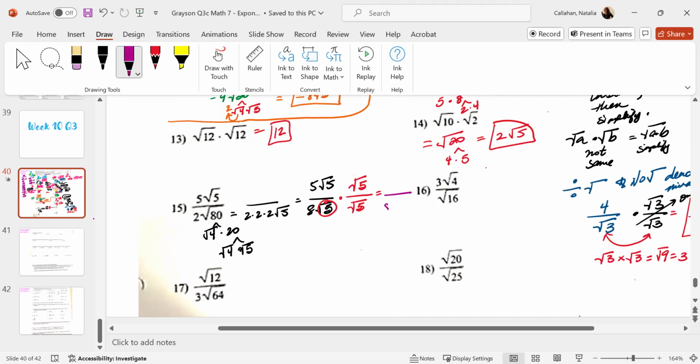Okay, so I make both the numerator and denominator square root of 5. So multiply it. Okay. You know this is going to be a 4, right? So 3 square root of 4 over 4. You can't do anything. That's it.